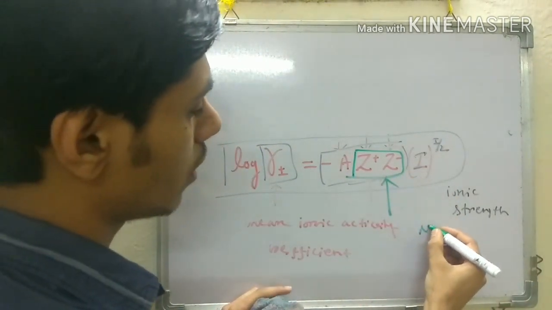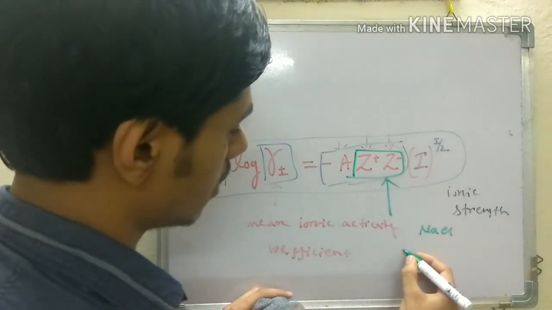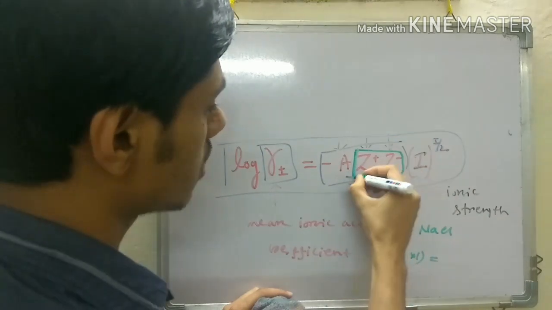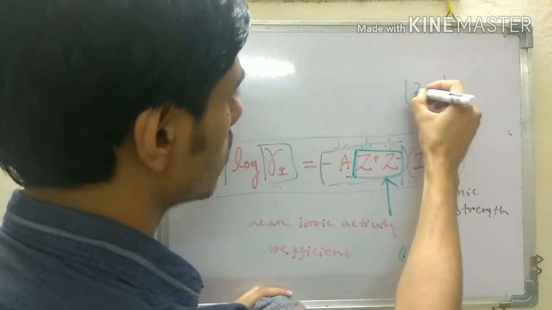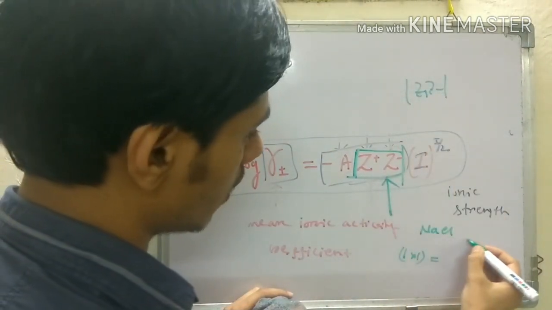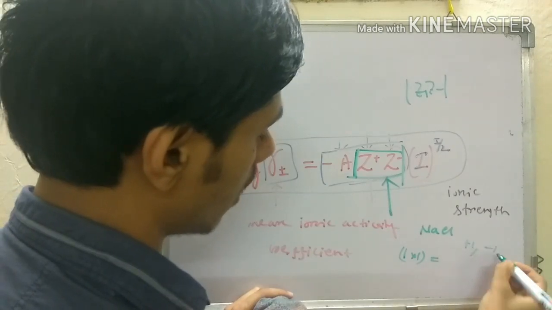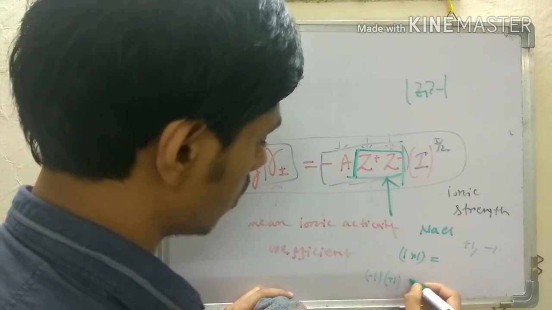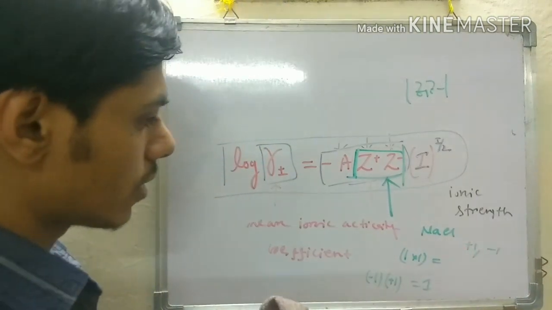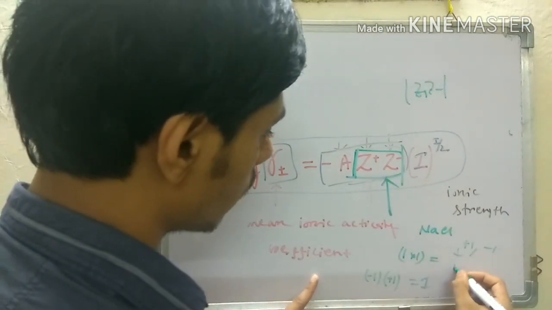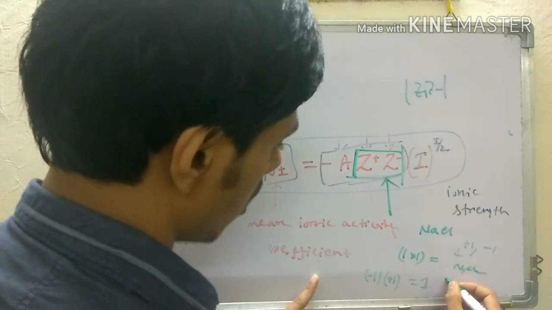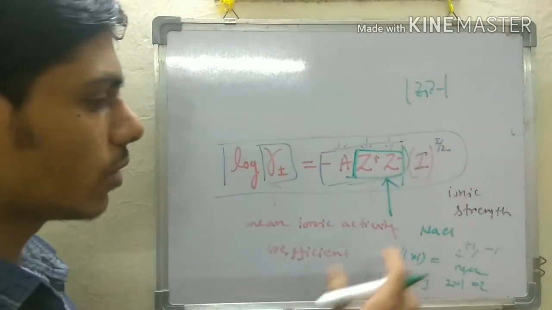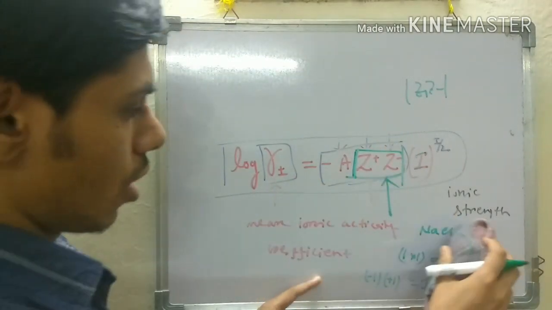If you have NaCl, then z plus will be 1, z minus will be 1, and z plus z minus is given as mod z plus z minus. That means for NaCl, although the charges are plus 1 and minus 1, when you take the modulus you will always get 1. So for NaCl it is 1, but for MgCl2 it is 2 into 1, that means 2. That means it varies with the charge on the ions.